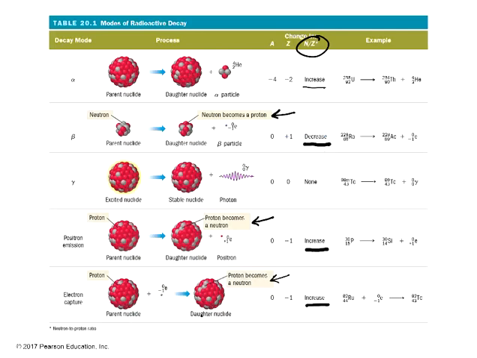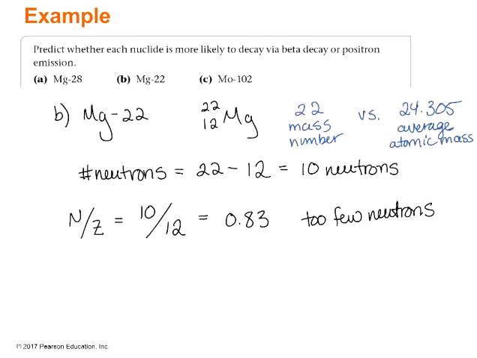Either positron emission or electron capture. Those are the two that can turn a proton into a neutron. Now, in this particular problem, we're asked to determine whether something goes through beta decay or positron emission, so we're not considering electron capture here. So our answer for this problem is positron emission.